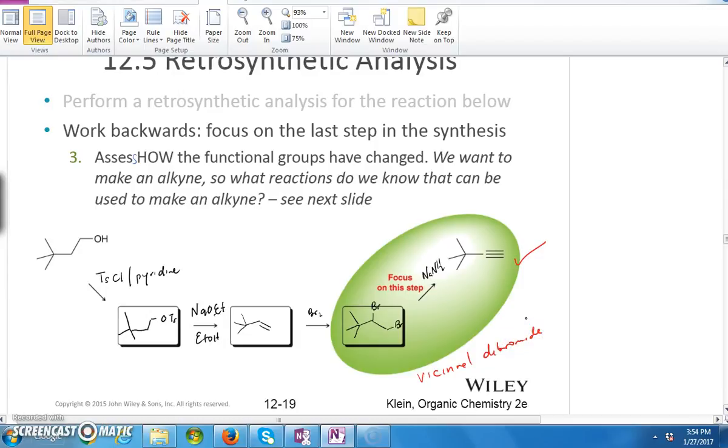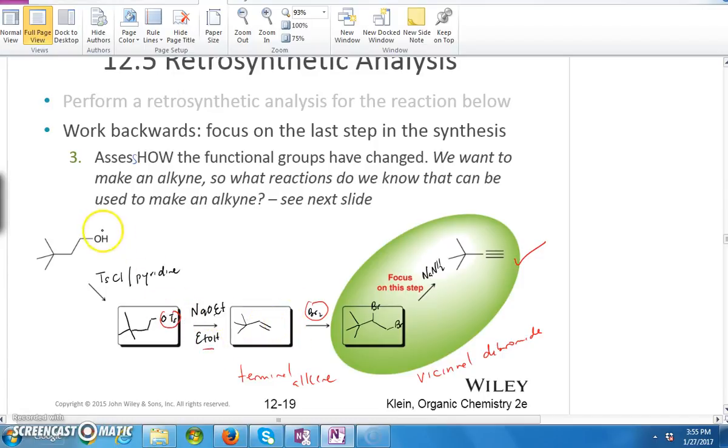And how do we make a vicinal dibromide? We can make a vicinal dibromide by addition of a bromine molecule to a terminal alkene. See? And how do we make a terminal alkene? If we had a leaving group, like a tosylate here, in the presence of a base, we can make the terminal alkene.